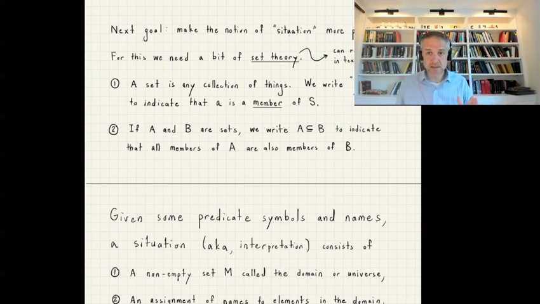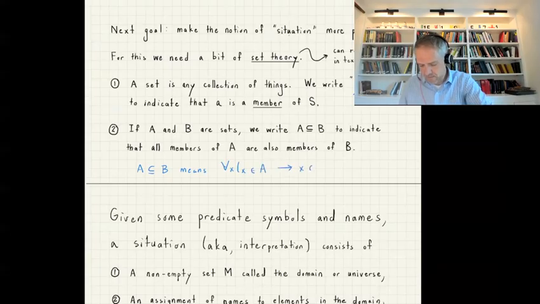We say that A is a subset of B. That means every member of A is a member of B. We can write that out as a predicate logic sentence. A is a subset of B means for anything that is an element of A, if it's an element of A, then it's an element of B. That's what it means for A to be a subset of B.